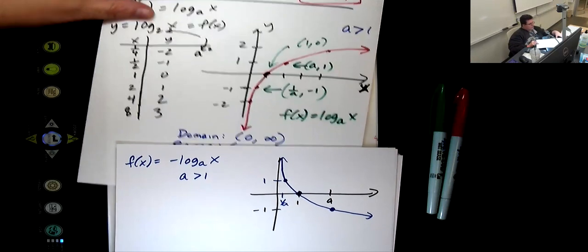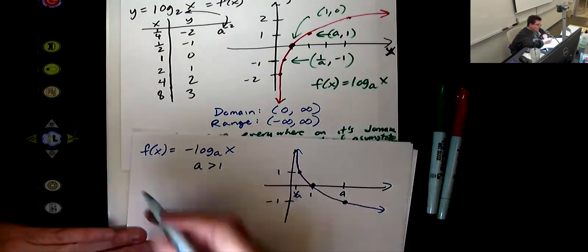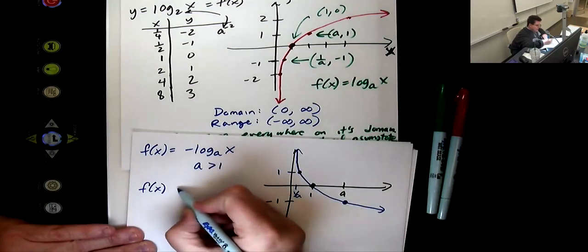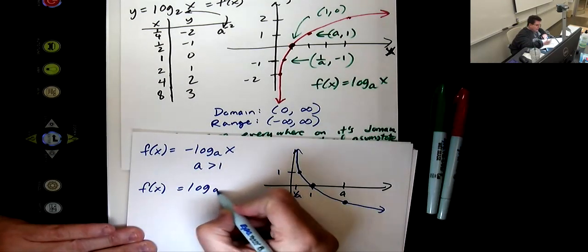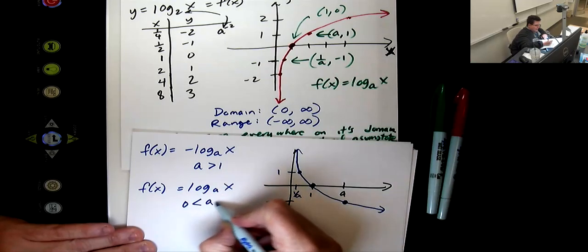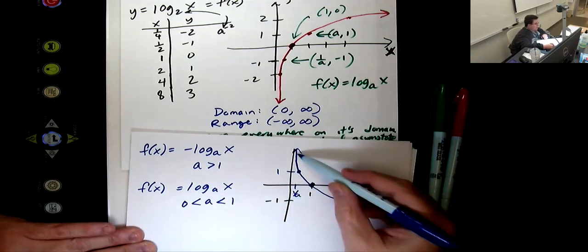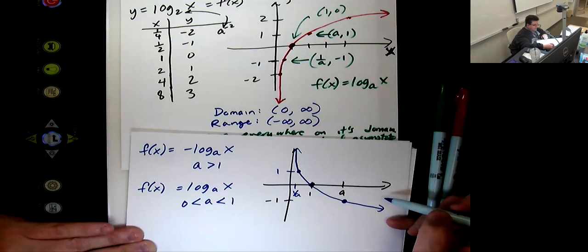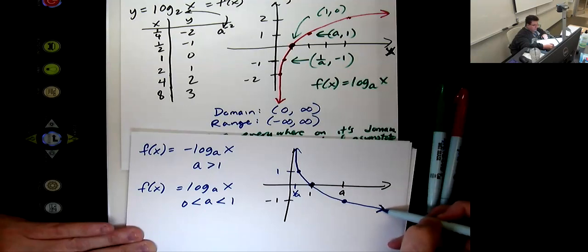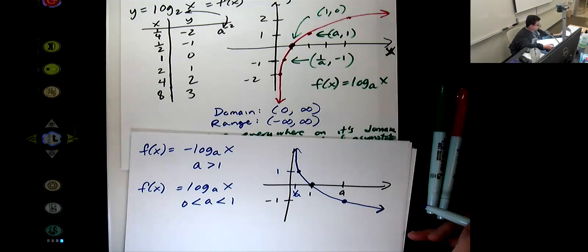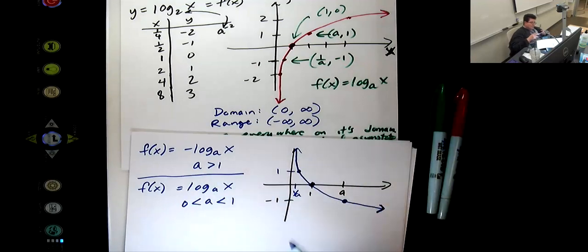Because if a is between 0 and 1, this can be positive out front. But if 0 is less than a, less than 1, we're also going to have this thing flipped over. Either of these forms has the same domain, same range.